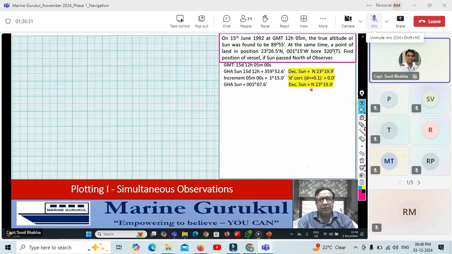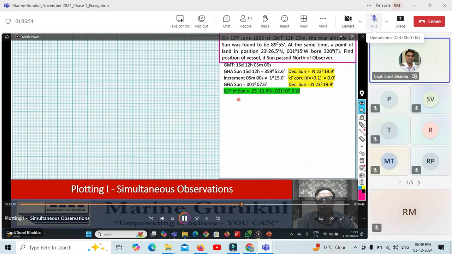That the GP's latitude shall be north 23 degrees 19.9 minutes, same as the declination of the sun. And as the GHA is less than 180, the longitude of the GP shall be same as the GHA, and the longitude shall be named west. So I hope you are able to recall how the GP is obtained. Any doubt in the GP, beta?